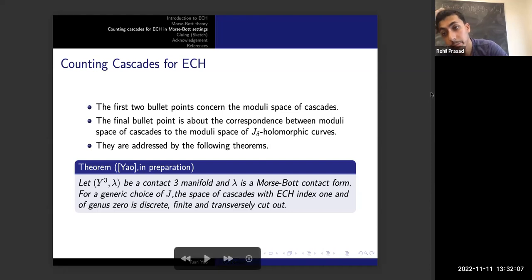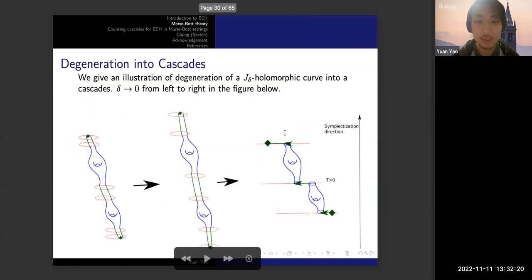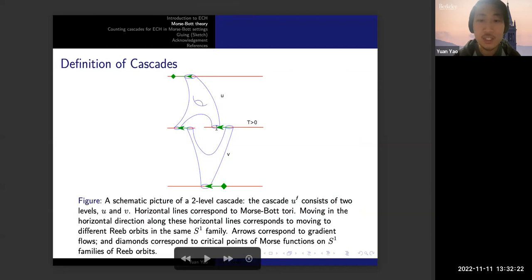I have a question. What does it mean for a cascade to have ECH index 1? Just the holomorphic curve components sum up to have it? Yeah, well, the ECH indices sum up to 1, I imagine. So let me give you the picture of a cascade. These green arrows are gradient flow lines, right?